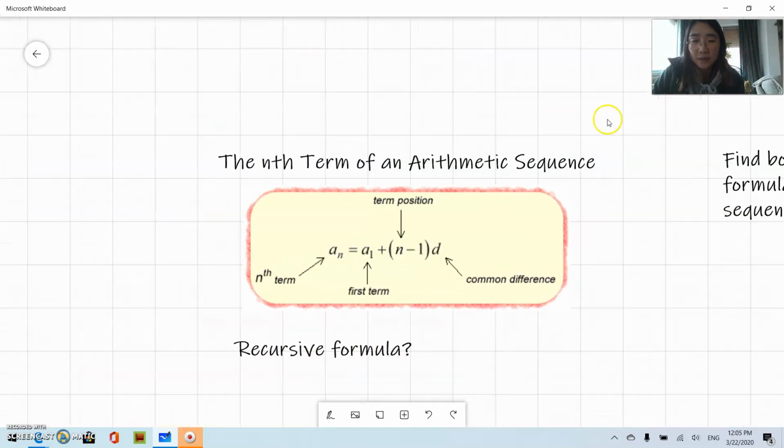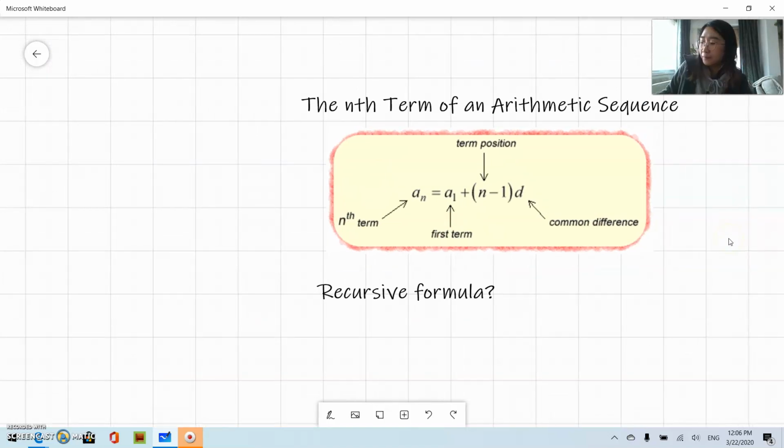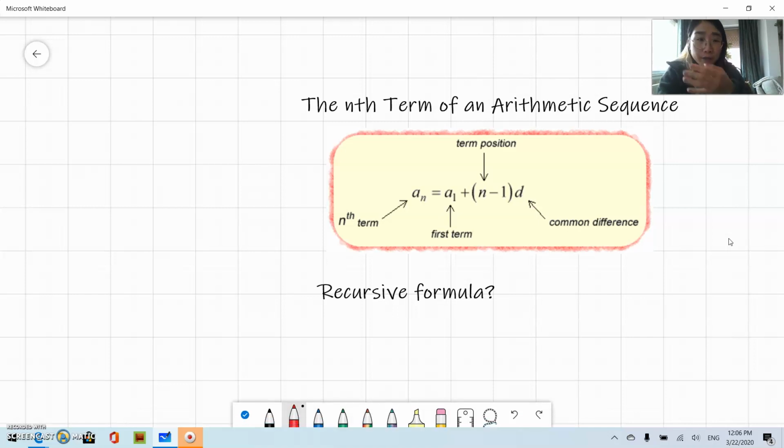Let's go to the formula. So the explicit formula, as we talked about yesterday, is a function, right? So basically, if you know certain values and plug them in, you get the value you want. That's what an explicit formula is, and this is the explicit formula for an arithmetic sequence.